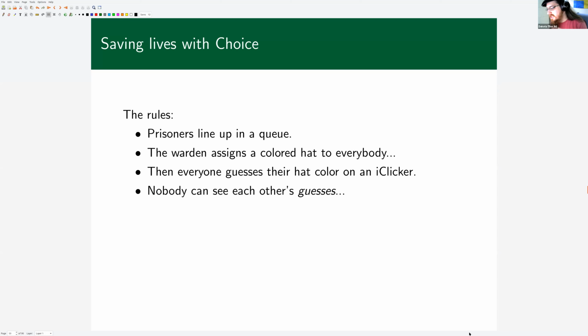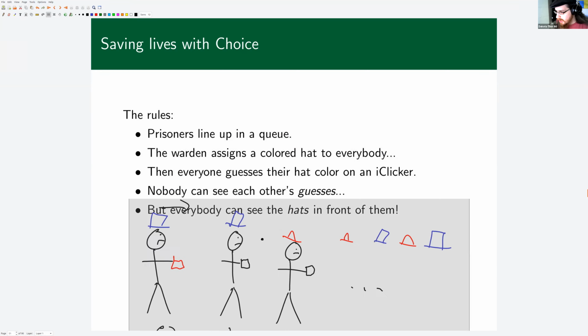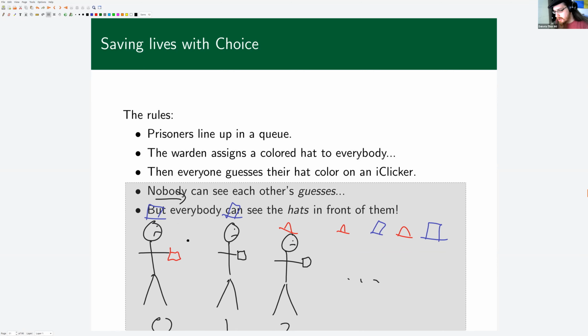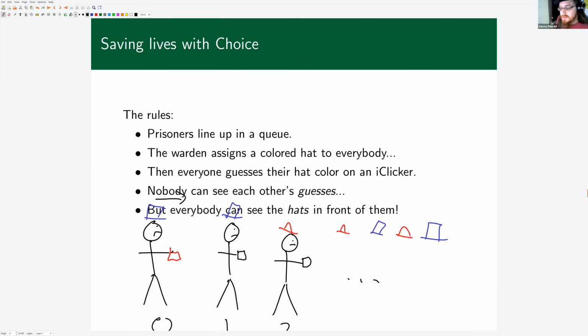And no one can see each other's guesses because everyone's eye clickers are huddled over, so you can't really see over their shoulders. But everyone can see the hats on the people in front of them. Right? Person 0 can't see his own hat, but he can see that prisoner 1 has a blue hat.